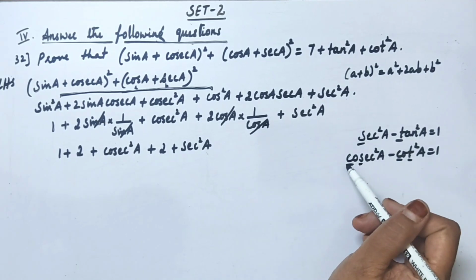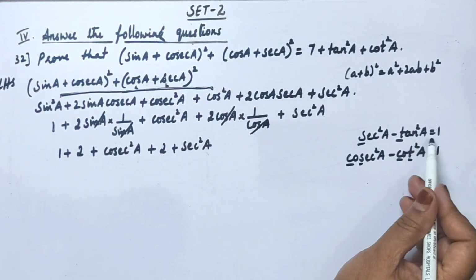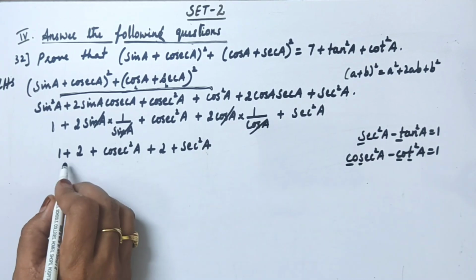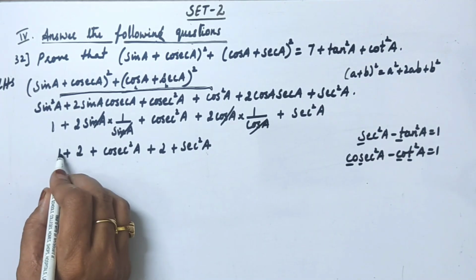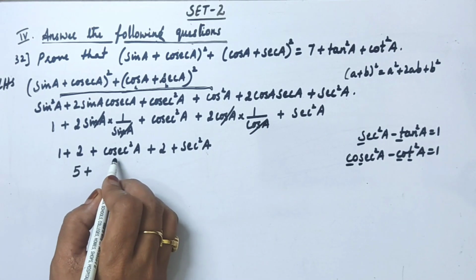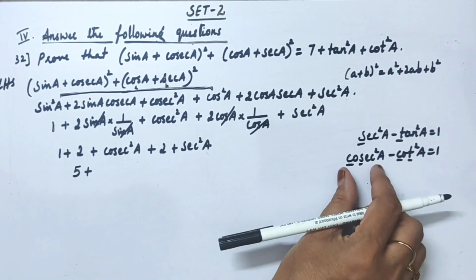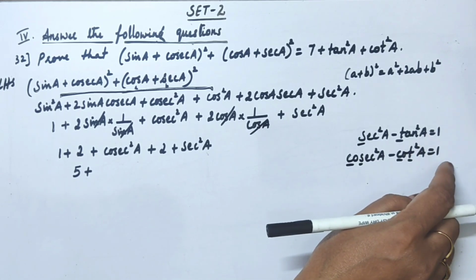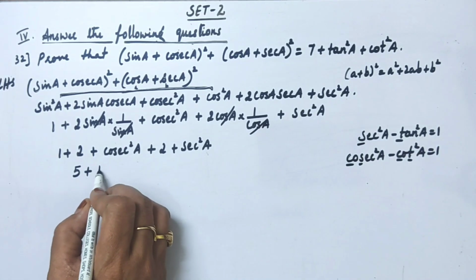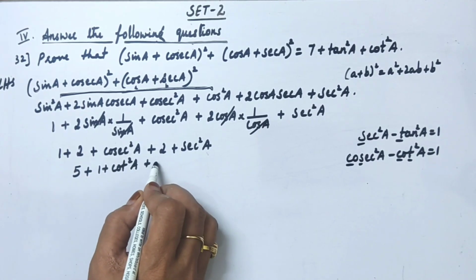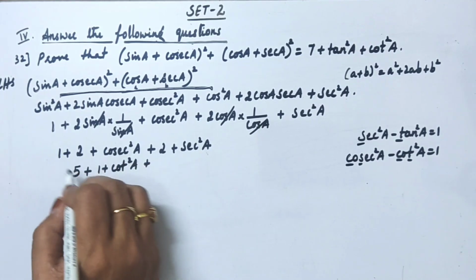When I want cosecant square, I am going to take 1 plus cot square. So here it is 2 plus 1, 3, 4, 5 plus cosecant square. When I want this term, I shift the cot square to the right hand side. I get here 1 plus cot square, plus this 2 I have already added here.